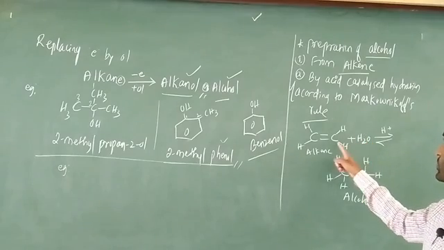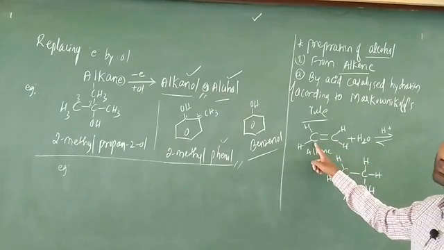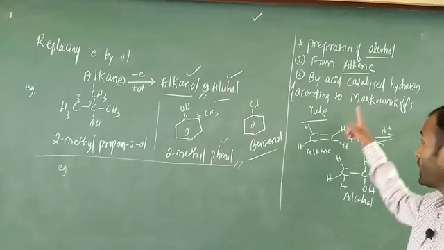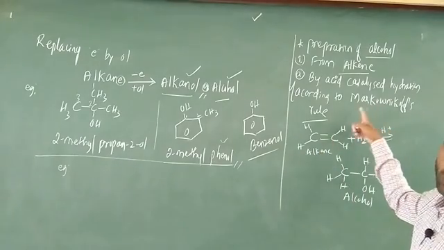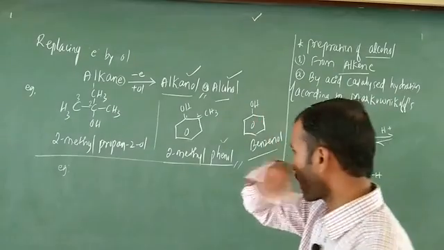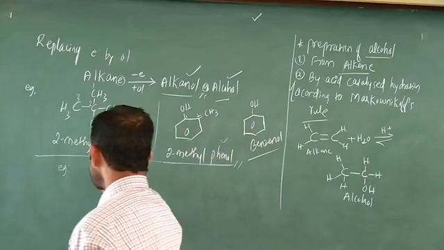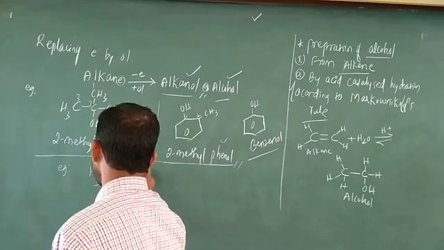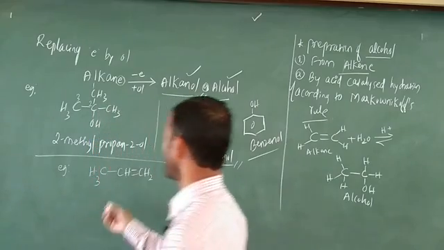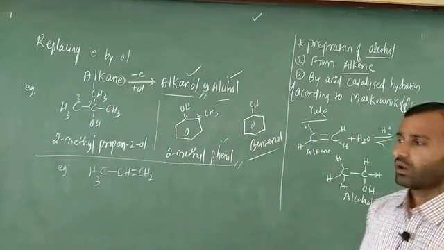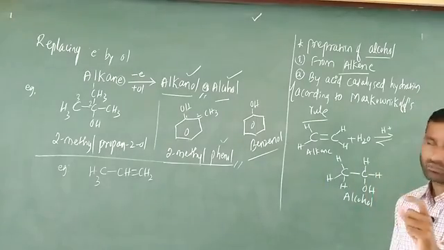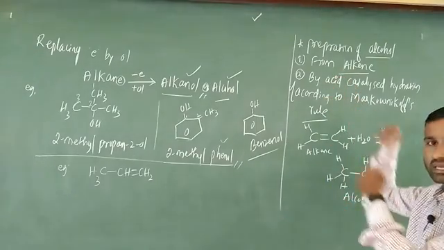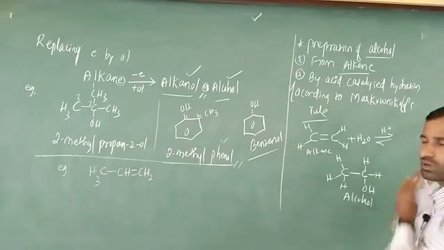If OH attacks here, automatically the double bond is going to break, but my plan is to explain Markovnikov's rule. How does it work? Here I am going to consider one example, CH3 CH double bond CH2. What is the name of this one? Propene. Compulsorily we take an alkene, because our heading is from alkene to alcohol.